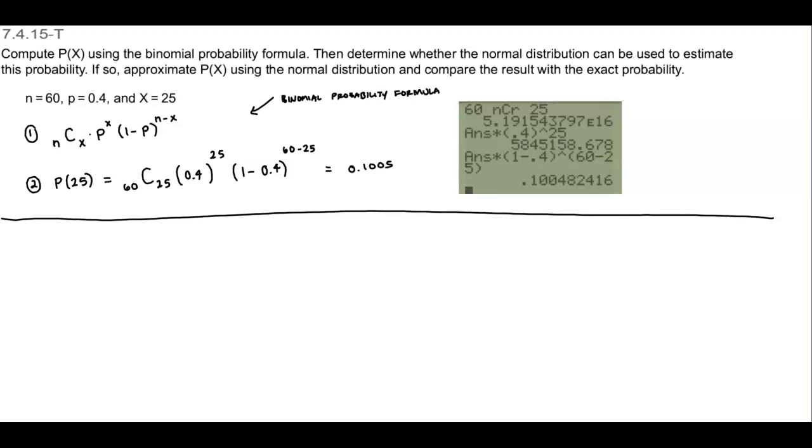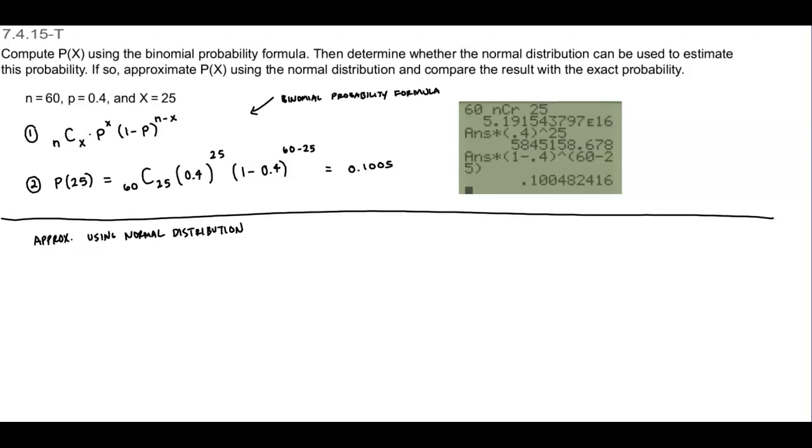Okay, now what we want to do is use the normal distribution to approximate. So the first thing we need to do is check whether the probability can be approximated by a normal distribution.